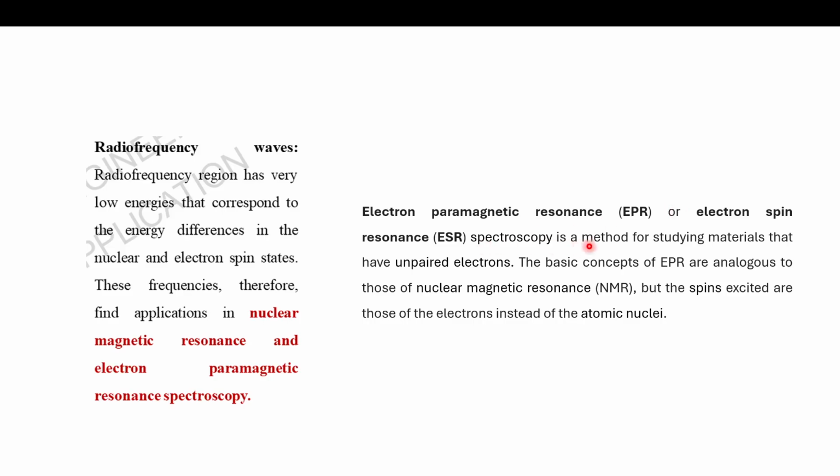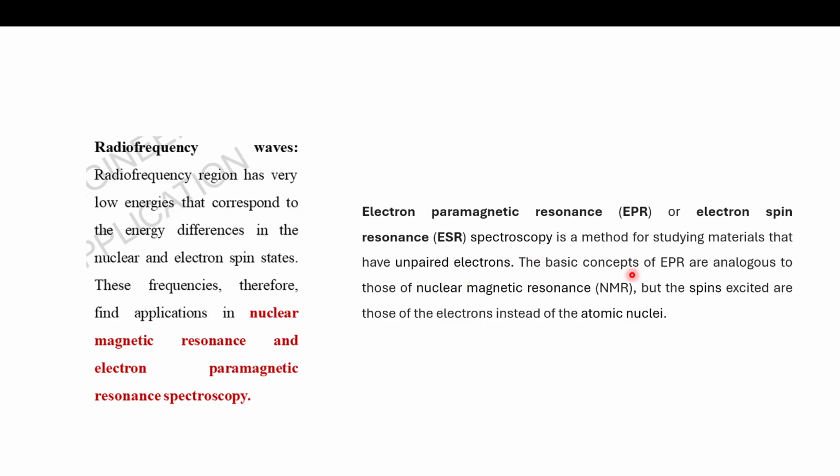So what is EPR? EPR is also known as electron spin resonance spectroscopy, ESR, for studying materials that have unpaired electrons, right? There are paramagnetic and diamagnetic atoms as well, right? I mean, paramagnetic, diamagnetic have paired spins.